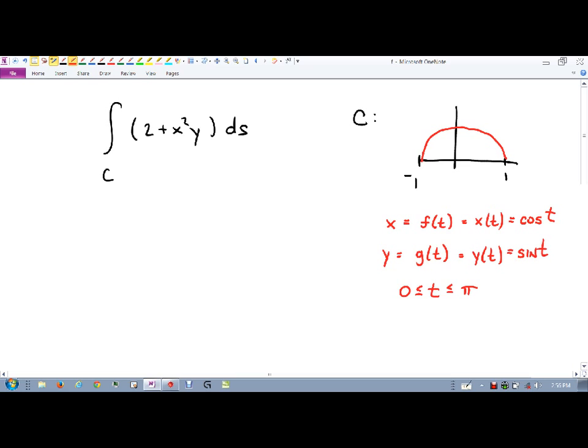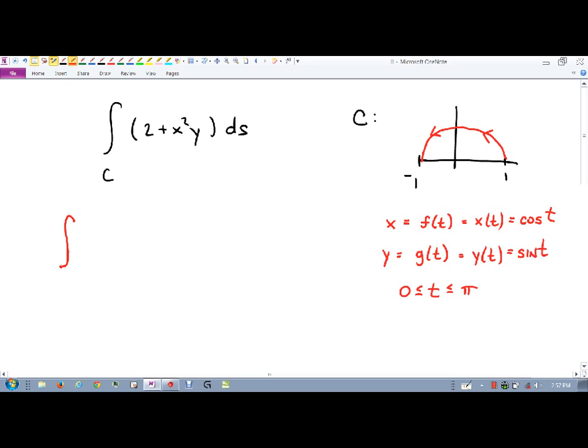Let's talk a little bit about direction, even though it's not going to be important right now. If I go from 0 to pi, it will draw this counterclockwise, won't it?